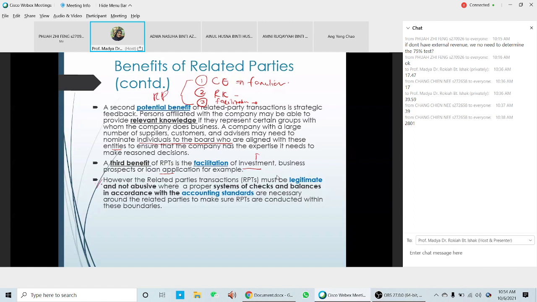However, the related party transaction must be legitimate and not abusive, where a proper system of checks and balances is in accordance with the accounting standard. So even though they have the advantage, they are bound together by a standard, to make sure that related party transactions are conducted within these boundaries.